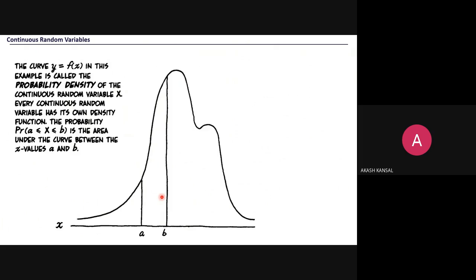If we want the probability of getting a random variable value between A and B, it's going to be the area under this curve, this area. This is how we generalize the calculation of probabilities from the probability density curve for a continuous random variable.